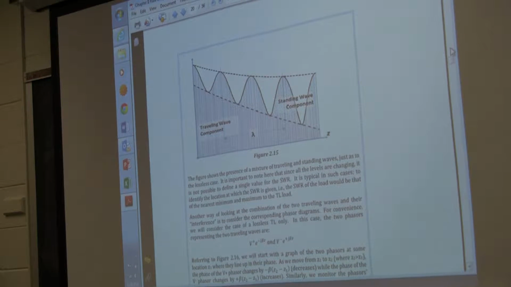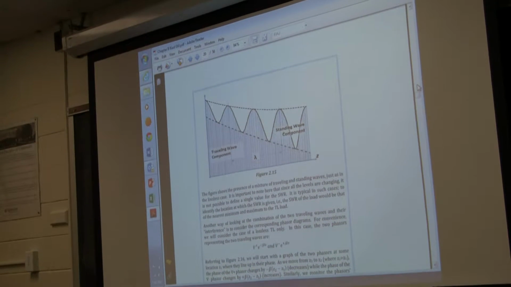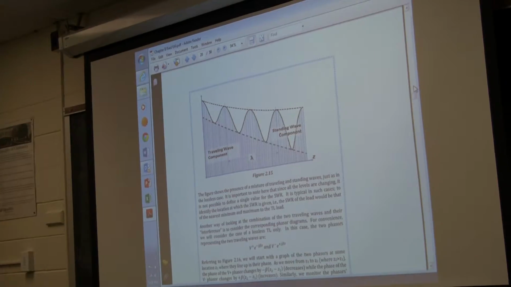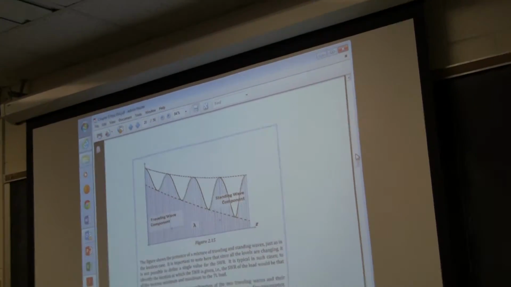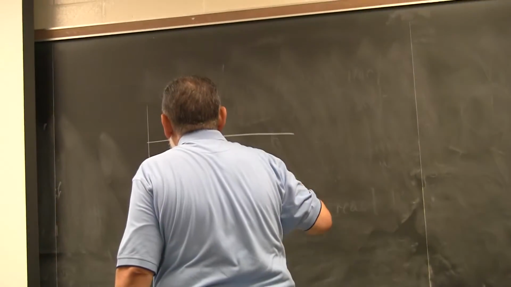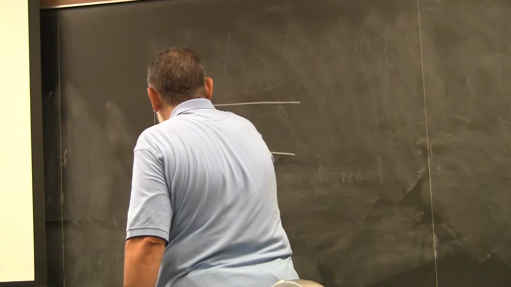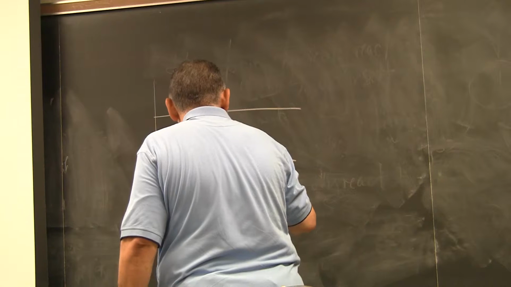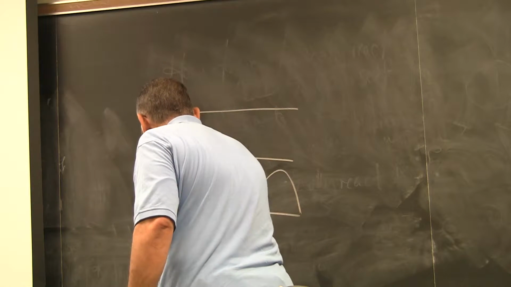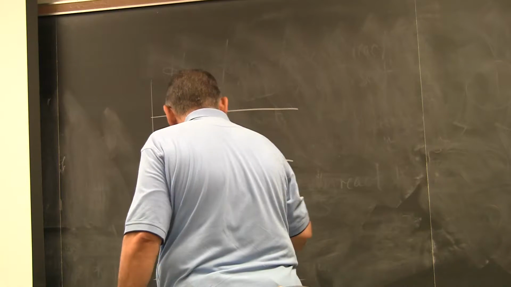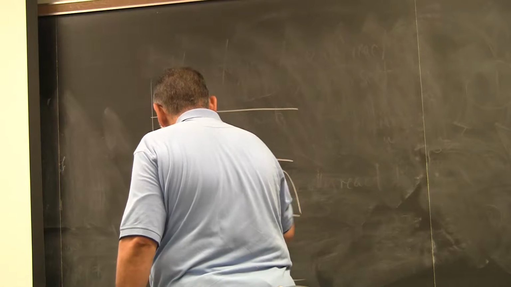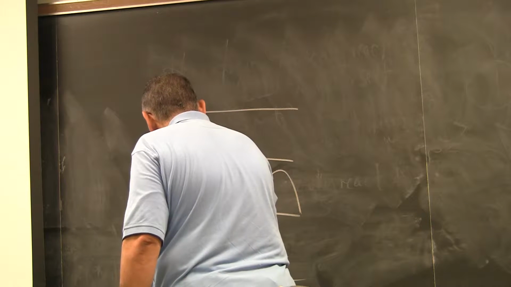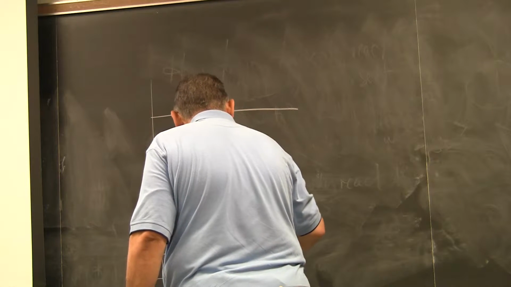As you can see, if it was a lossless line, then you have no changes in amplitude, and if it's a traveling wave, you get that. If it's a pure standing wave, you get that. If it is a mixed wave, in other words, you got some part traveling and part standing, you get this, right?